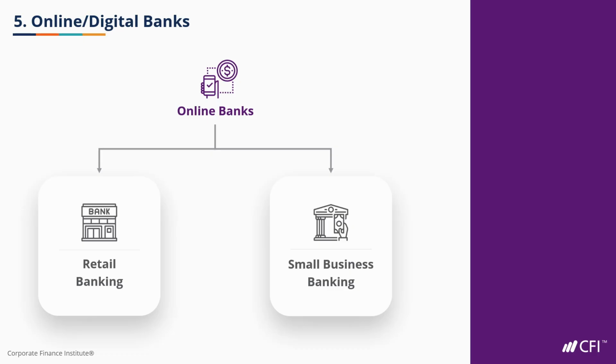This space is growing, and there are many new internet bank entrants into the space using app-based platforms to offer their products and services. Some of the larger internet-only banks include Digibank from India, Hello Bank, based in Europe, and Ally Bank in the United States.